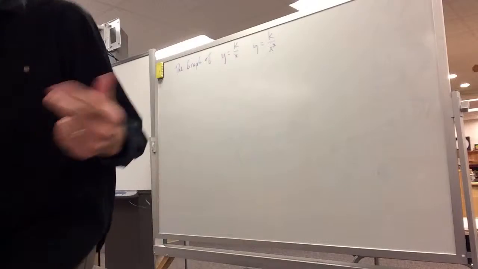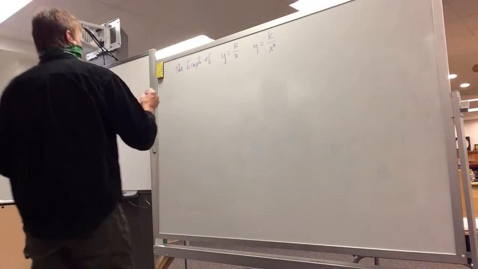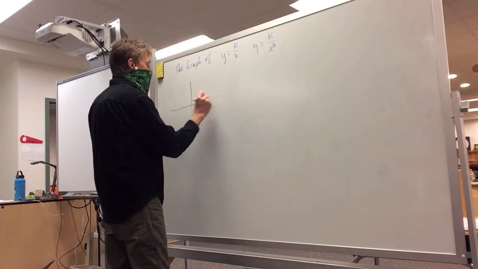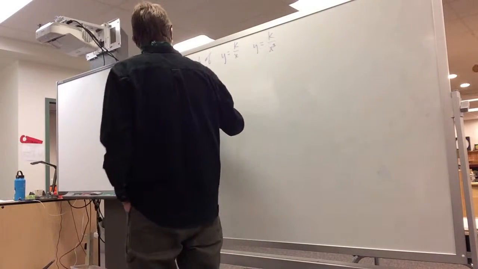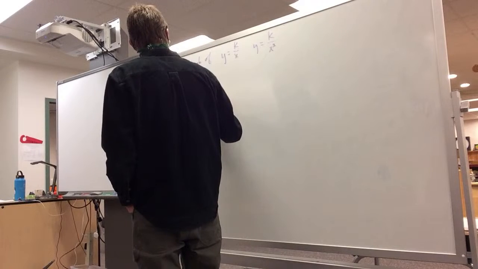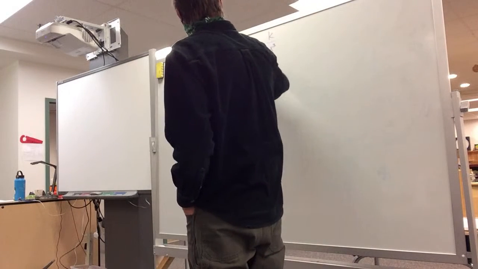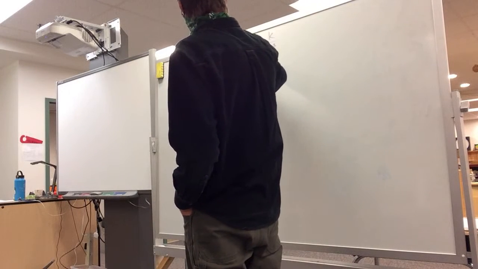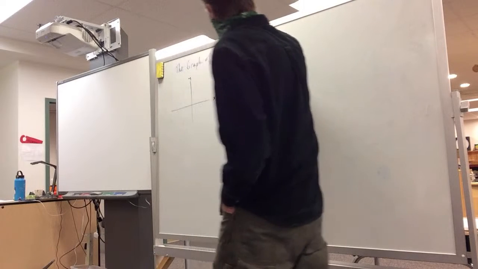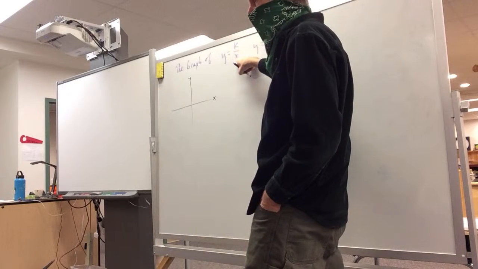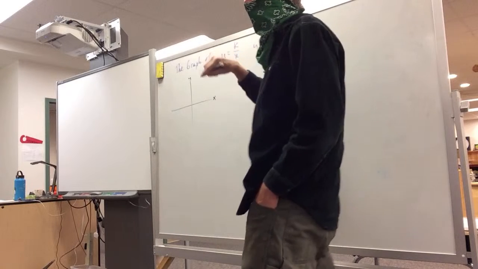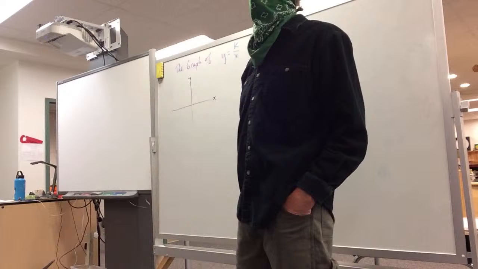So if we think about that graphically, let's just sketch something. If I start at a particular y and x value, when x is really, really small, and we take a constant and divide it by a very tiny number, what's y going to be like? Is it going to be big or small?